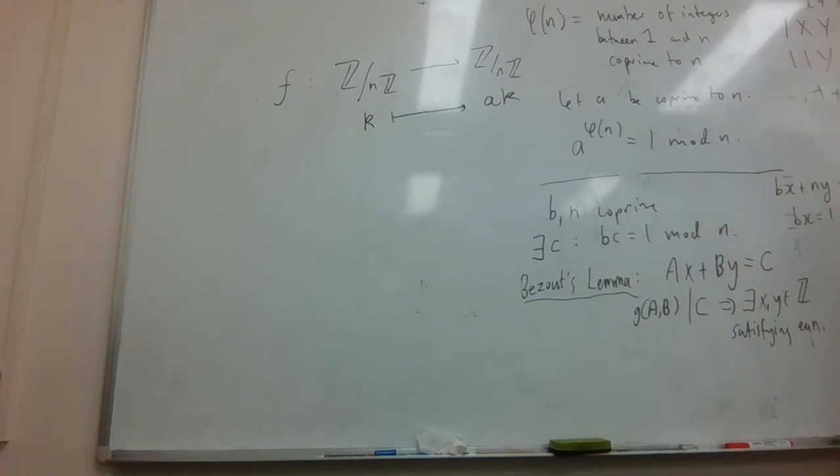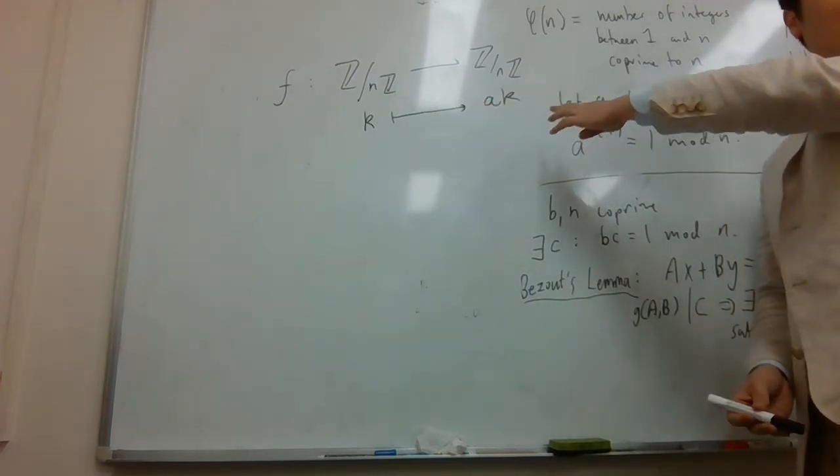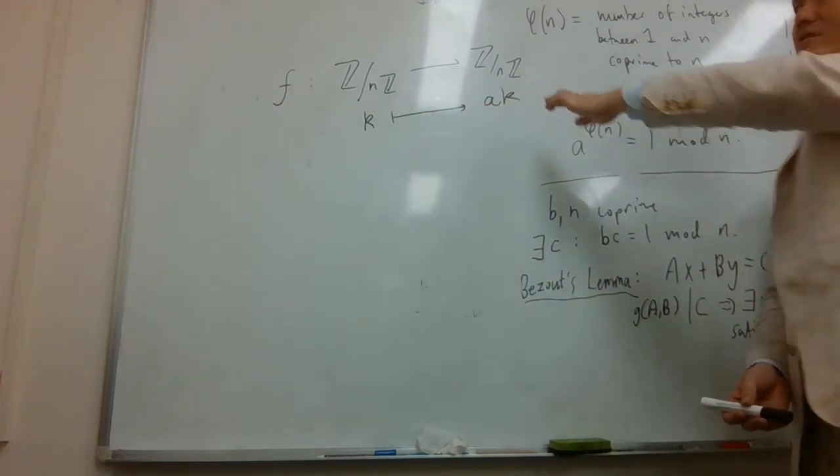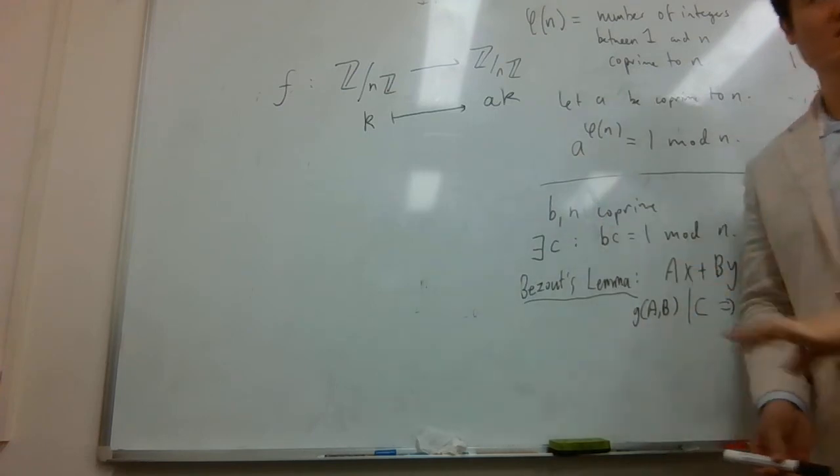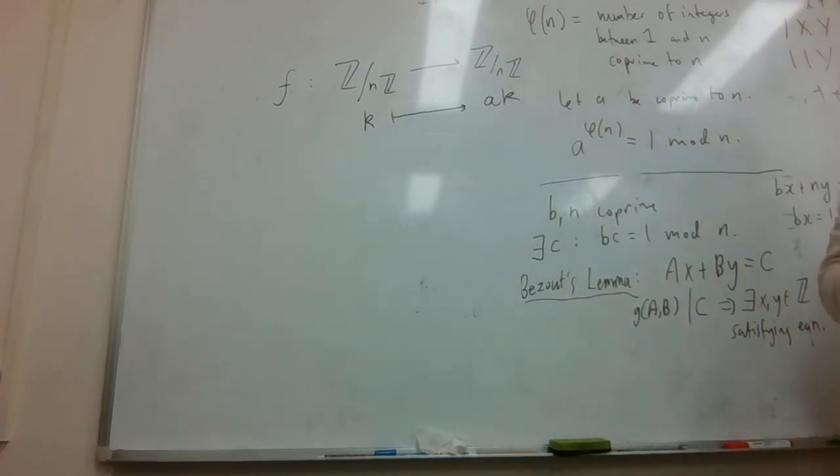Does that make sense? If you want to see it in terms of just one function, no two things go to the same thing, and everything here can be reached using this. That's like injective, surjective. Does that make sense?